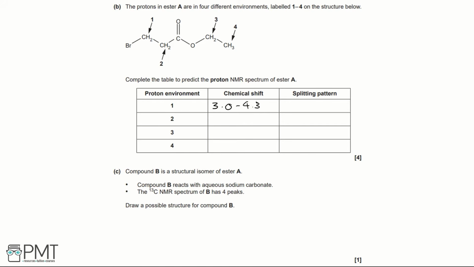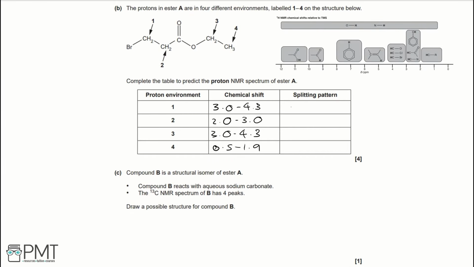For proton environment 2, the chemical shift values are 2.0 to 3.0. For proton environment 3, the chemical shift values are 3.0 to 4.3. And for proton environment 4, the chemical shift values are 0.5 to 1.9.